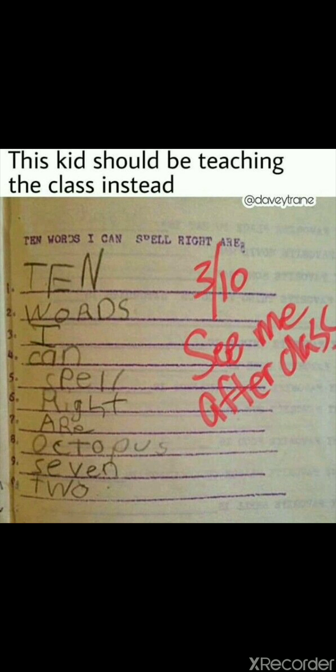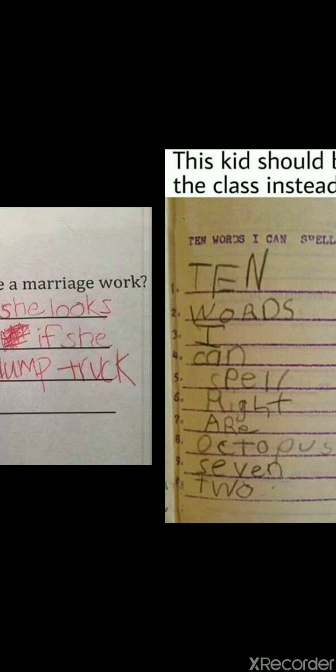So this kid got a 3 out of 10, and the teacher put see me after class. What ones did he get right? He should have got the whole thing right, 'cause if you don't know how to spell that stuff, then why are you a teacher? With that being said, let's move on to the next one.